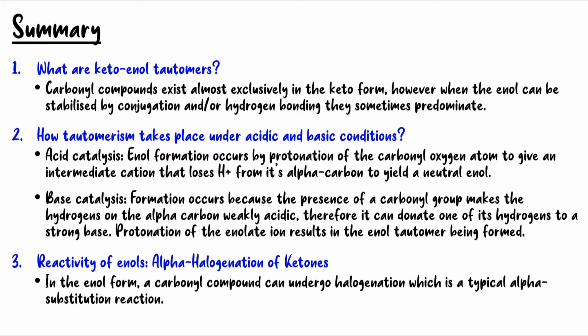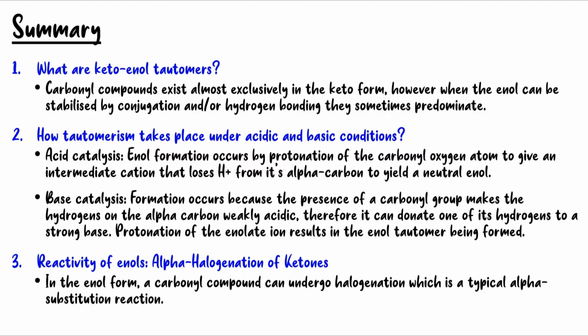Under basic conditions, we've learned that enol formation occurs because the presence of a carbonyl group makes the hydrogens on the alpha carbon weakly acidic. Therefore, it can donate one of its hydrogens to a strong base. Subsequently, protonation of the resulting enolate ion gives us the enol tautomer.